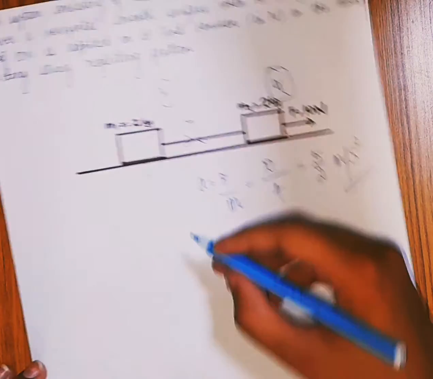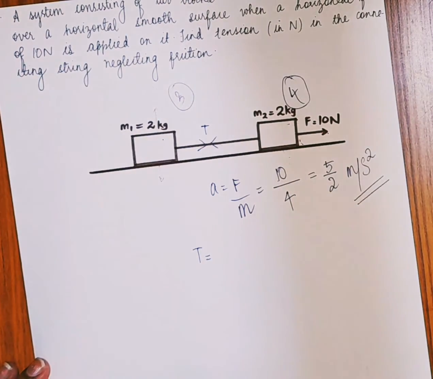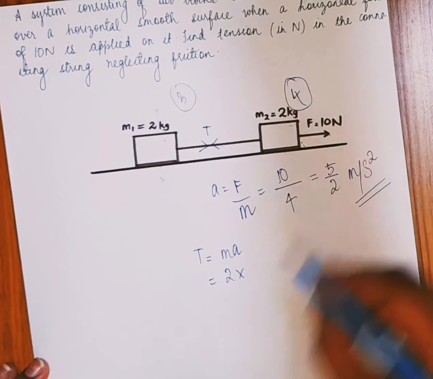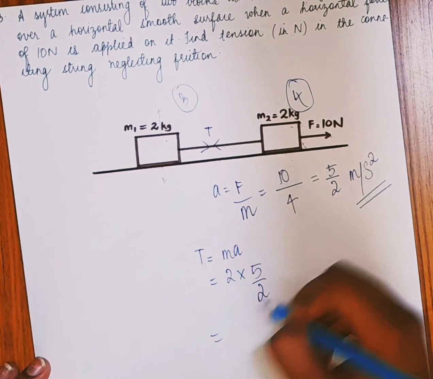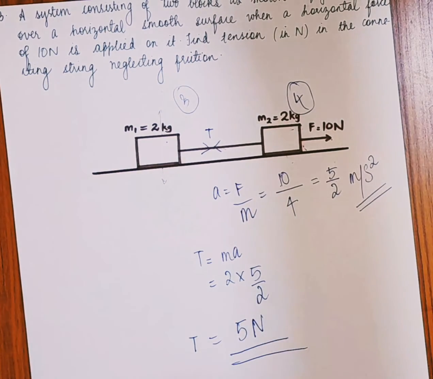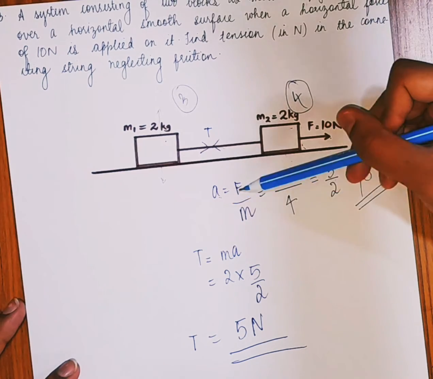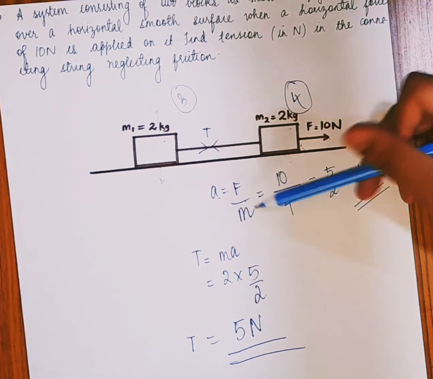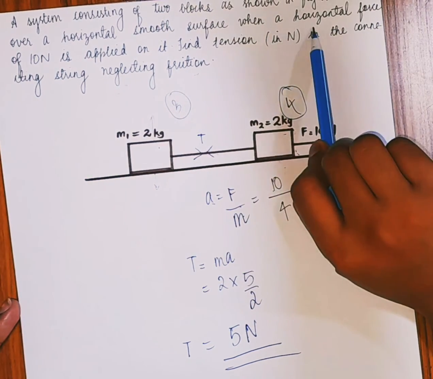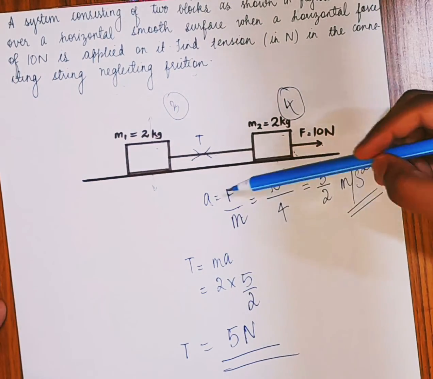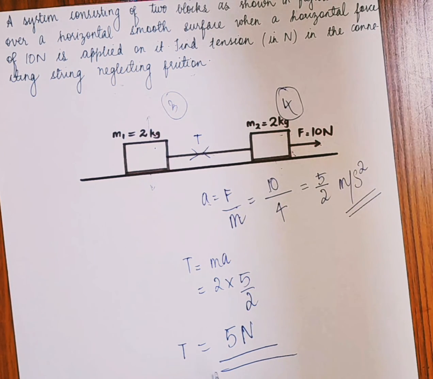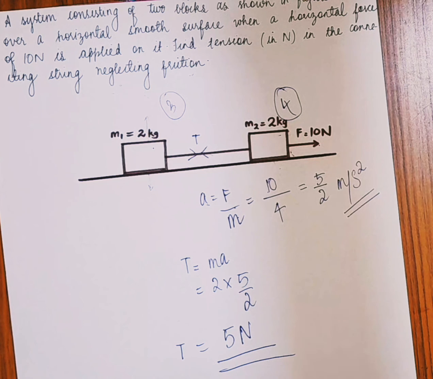For this body, tension is equal to ma. Mass is 2, acceleration is 5 by 2, so tension will be 5 Newton. That's all. And we can take acceleration is equal to F by m. I took this only because here we are neglecting friction and it is a smooth surface. That is why I chose this equation. So on evaluating everything, here tension is 5 Newton.